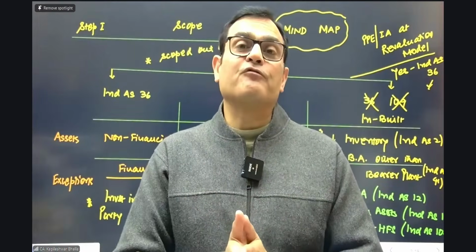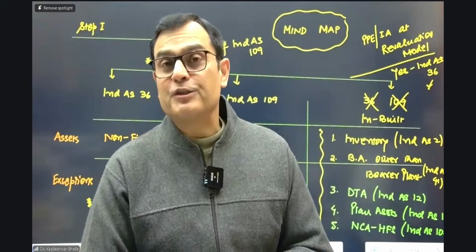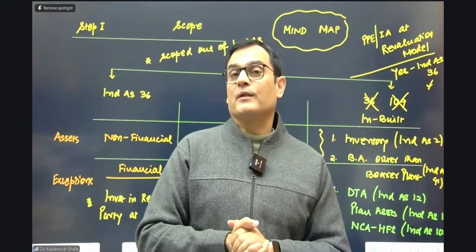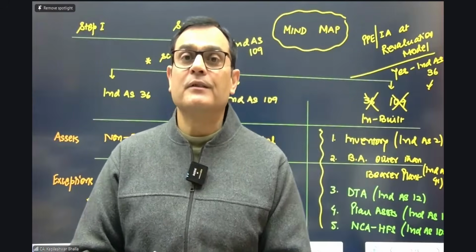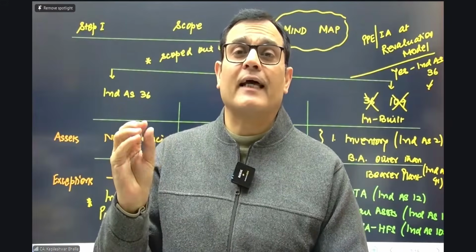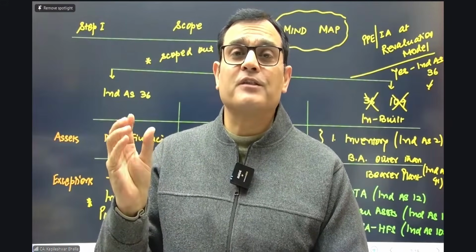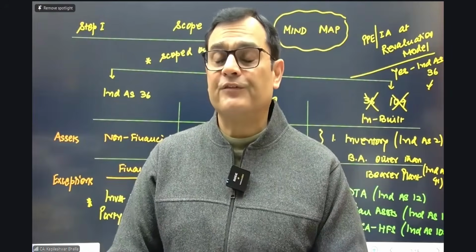Second, financial assets are covered under Ind AS 109, but there is a non-financial asset which is covered under 109: the contract asset arising out of the revenue standard, Ind AS 115.